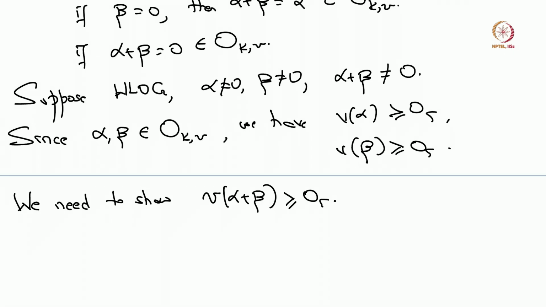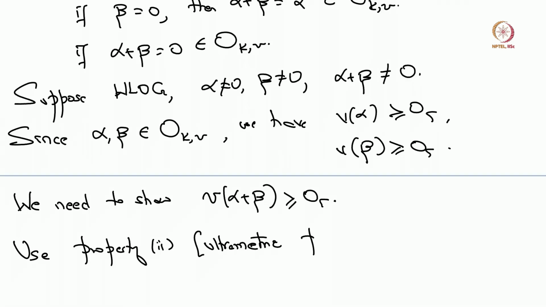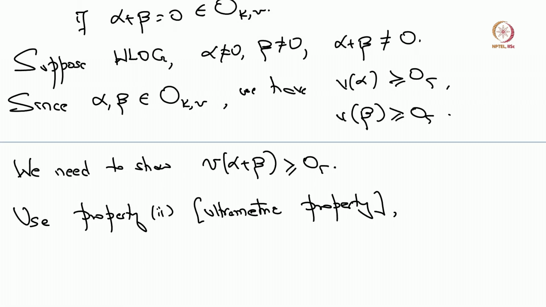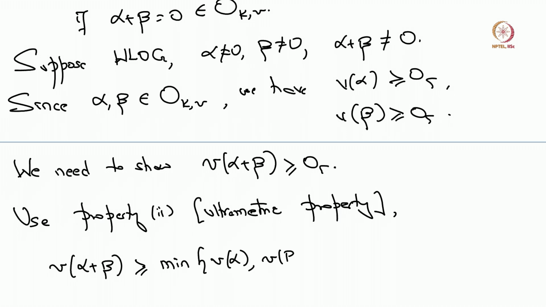Okay, and now if you use property 2, this is what we call the ultrametric property, we have that the valuation of alpha plus beta is larger than or equal to the minimum of the valuation of alpha and the valuation of beta.